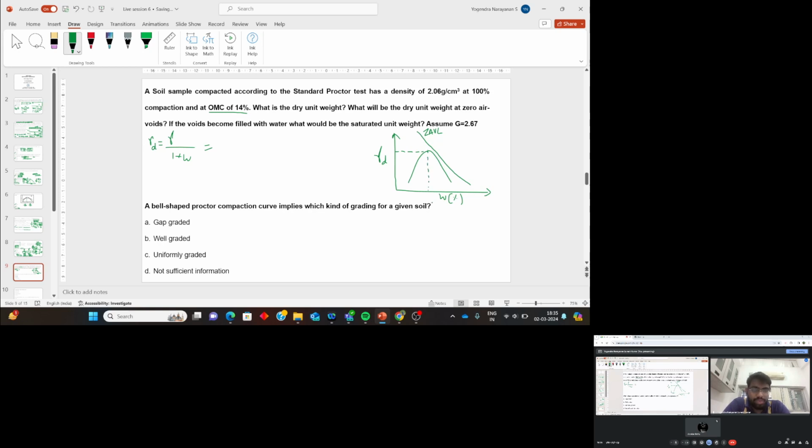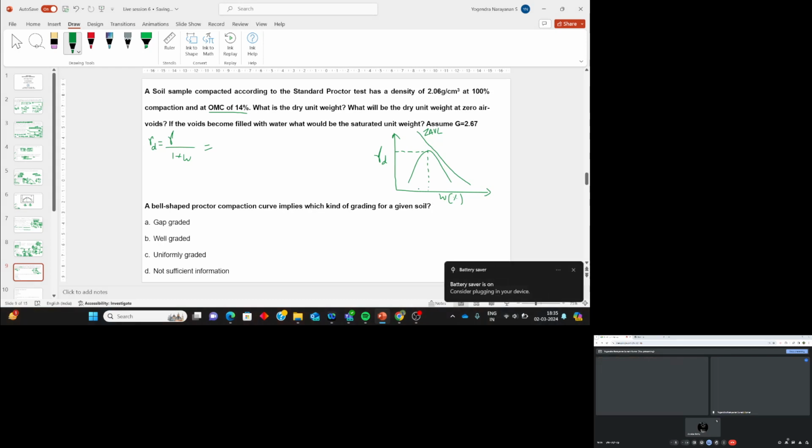Here the saturation may not be 100%, but theoretically you should achieve this much, which is not possible. So this gamma d is what you are achieving, and that will follow this relation, right?